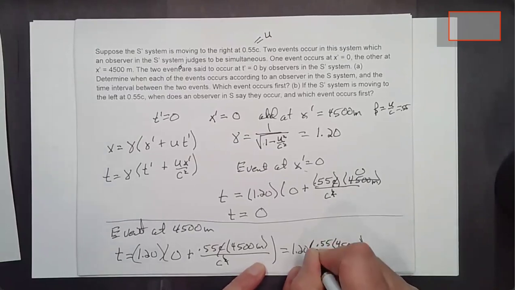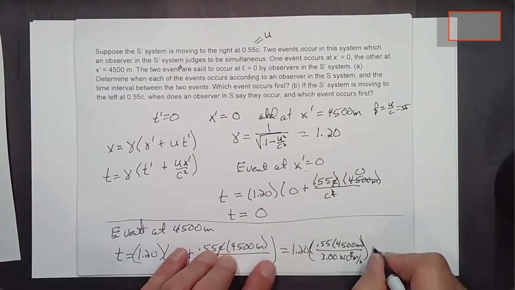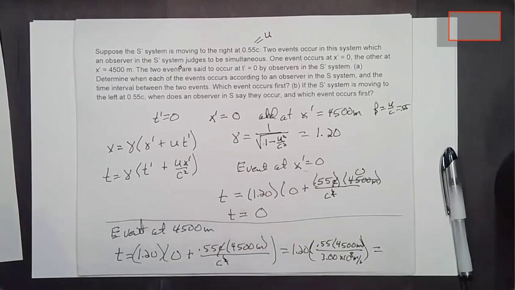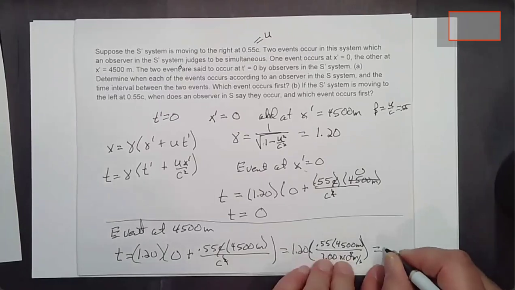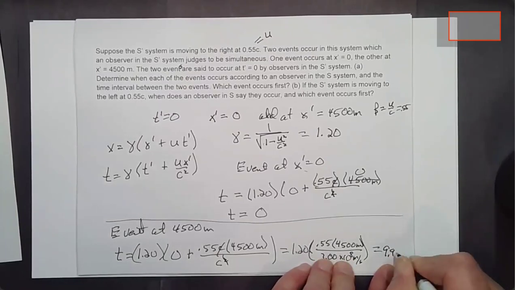And I guess that's all in one set of parentheses there. Okay, and I get a time of 9.9 times 10 to the minus 6 seconds.